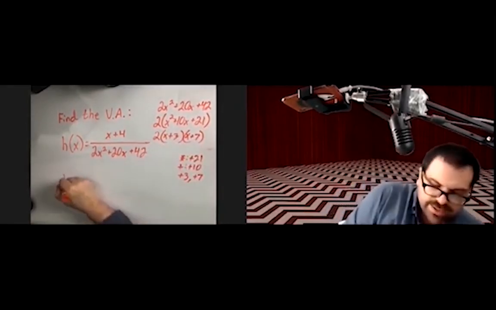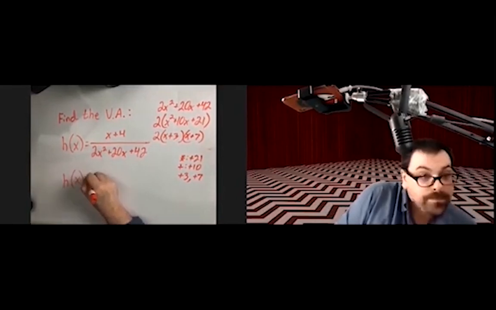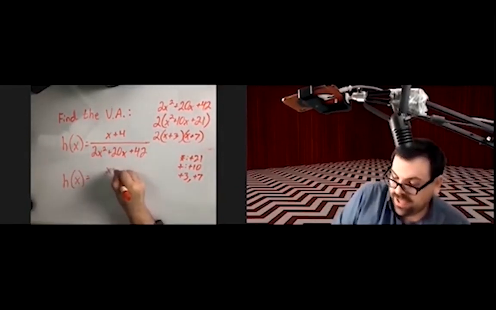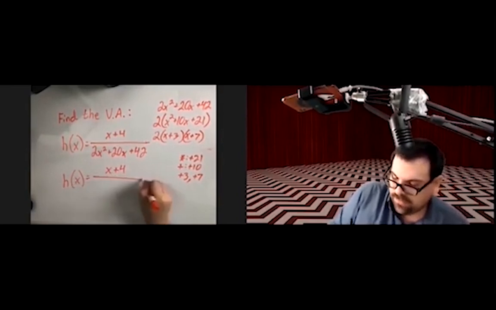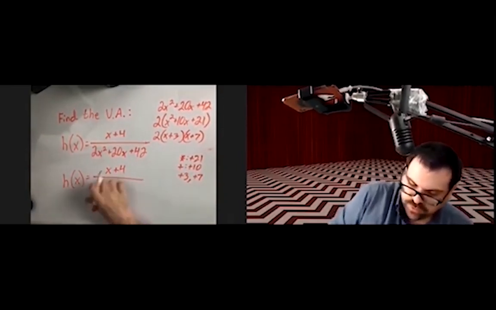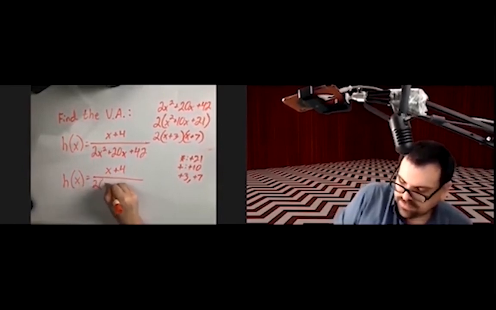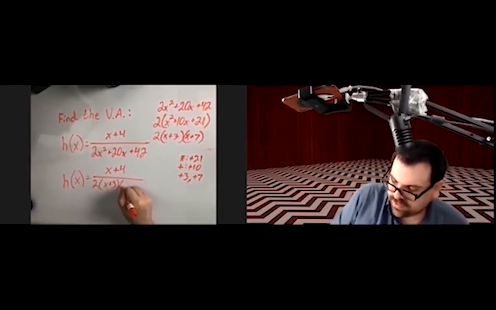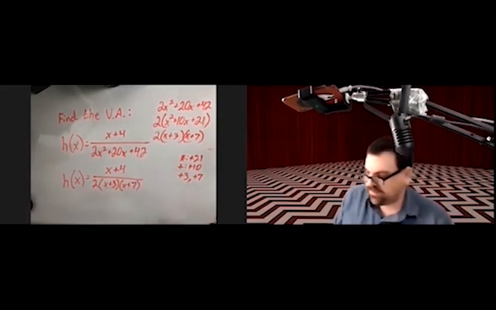So rewriting this in factored form, we have x plus 4 over 2 times x plus 3 times x plus 7.